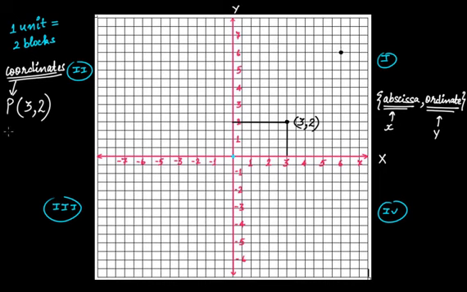Okay, so you will say, hey, that's very simple. I have to tell the coordinates of this point Q. Now the coordinates of this point Q have two parts. The first part is the abscissa. Let's count the number of units on this x-axis, and that will tell us the abscissa. When you count, this is actually 6, right?